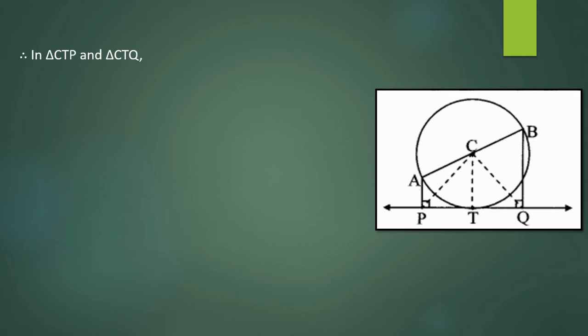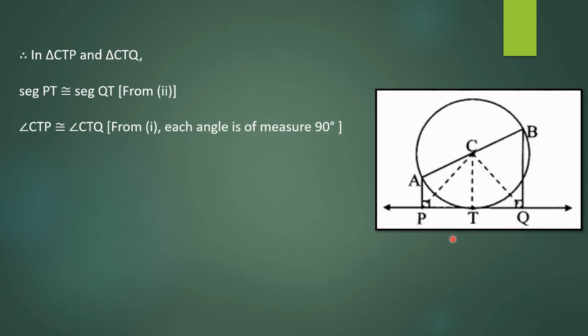Now, you see in triangle CTP and in triangle CTQ, segment PT will be congruent to segment QT by equation 2. We just proved it. PT is congruent to QT. And angle CTP will be congruent to angle CTQ because both of them are 90-degree angles.